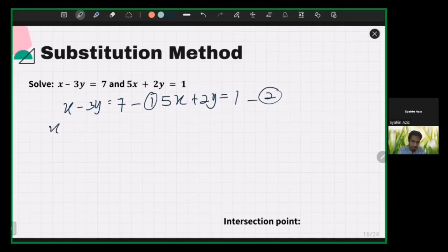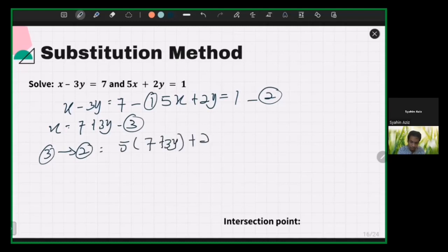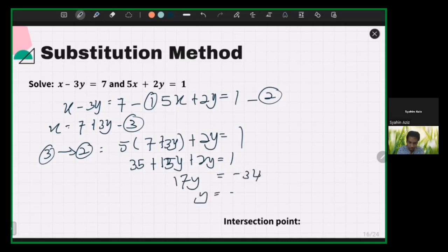So x equals 7 plus 3y, the third equation, and we substitute the third equation into the second equation: 5(7 + 3y) + 2y = 1. So 35 + 15y + 2y = 1. So we get 17y equals negative 34, right? So y equals negative 2.